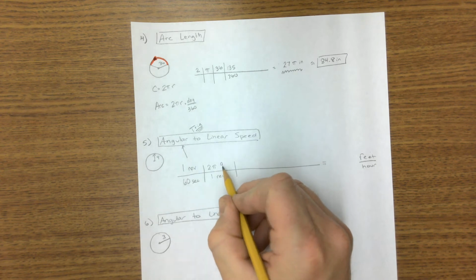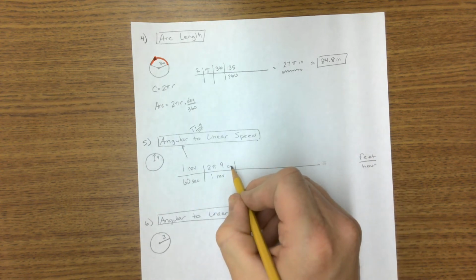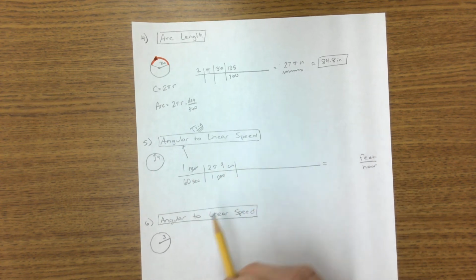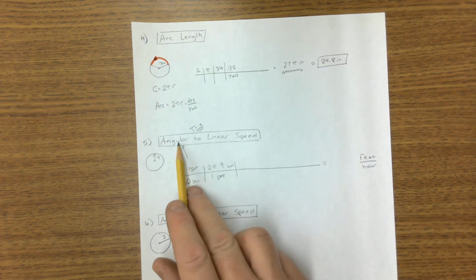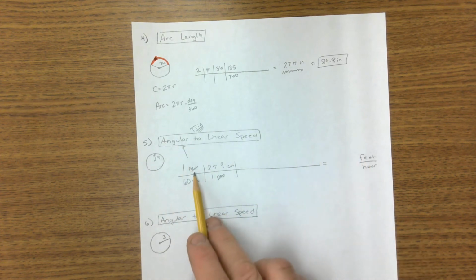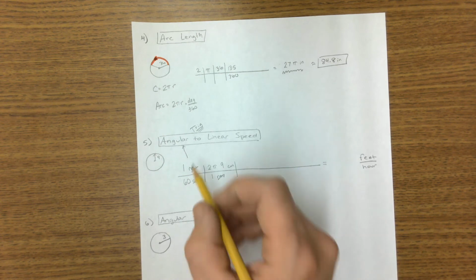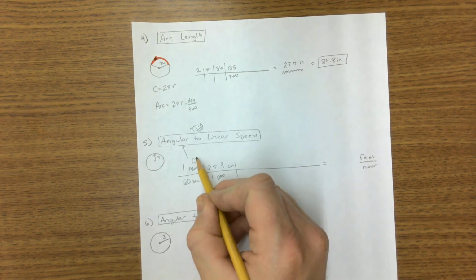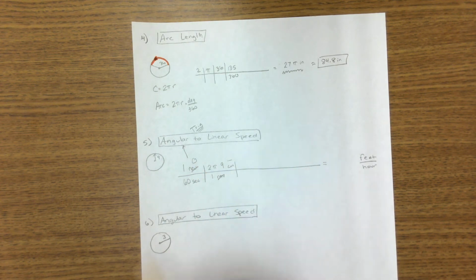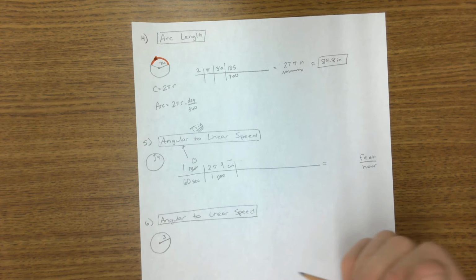Radius is 9 centimeters in this case. So now we've switched from angles to linear. We switch from angles, which are revolutions. If I draw a revolution, it looks like that. If I draw a centimeter, it looks like that. We've switched from revolutions to linear distance.